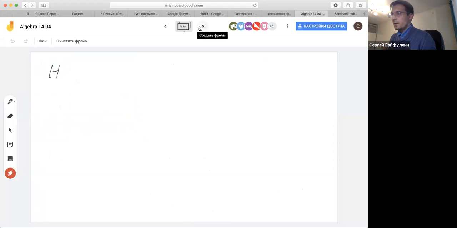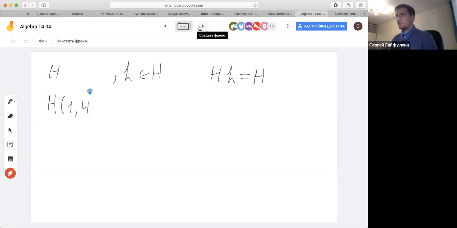If we have an element h from H and we consider this right coset, it is equal to H big. Now let us try to understand what the right coset of H is, for example, for this one.